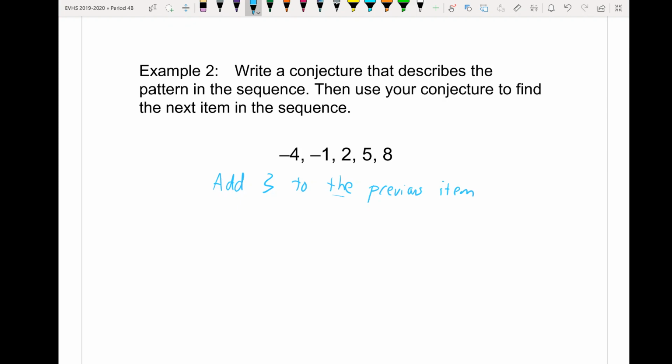Now that previous item part might sound like a little bit of overkill, but there are certain patterns where it alternates. You do alternate things to do from one item to the next, and you're actually going back 2 or 3 items to figure it out. So I'm just going to go ahead and say specifically the next one, or the previous one. All right, so if I add 3, my next item is going to be 11.